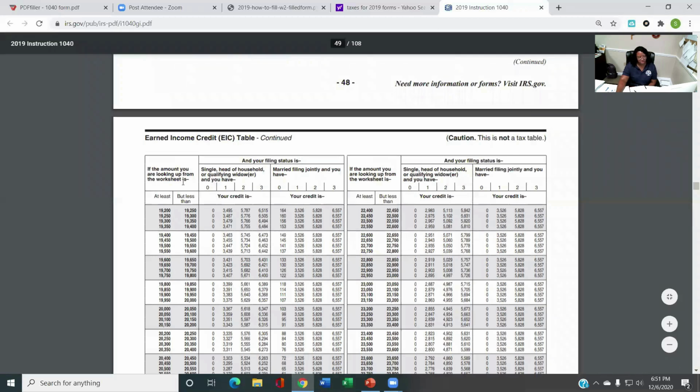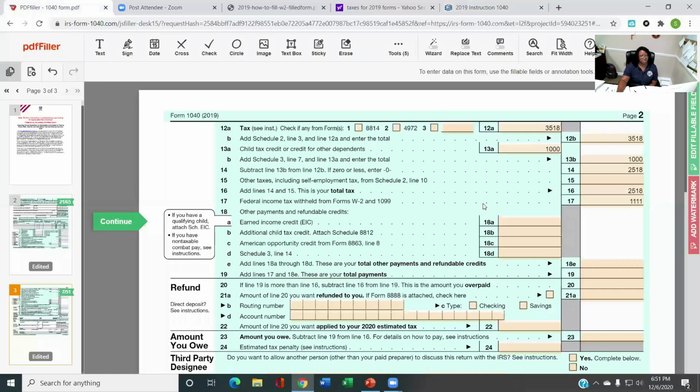So let's go back to the top, and it'll take us straight to the earned income credit. So this is the earned income credit table. You're going to look up what's your earned income.